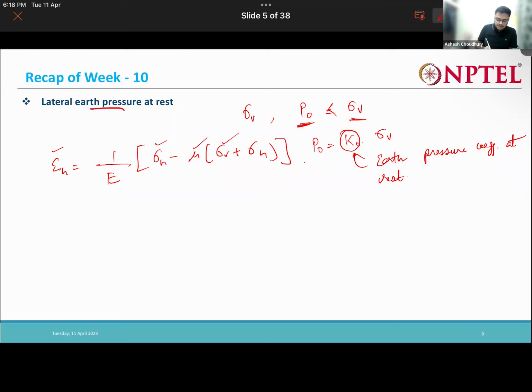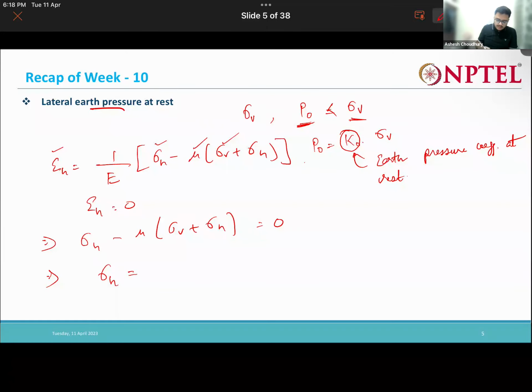Now at rest means this horizontal strain is actually 0. So from this equation, setting it to 0, we'll get this K horizontal, which is nothing but P naught, right?